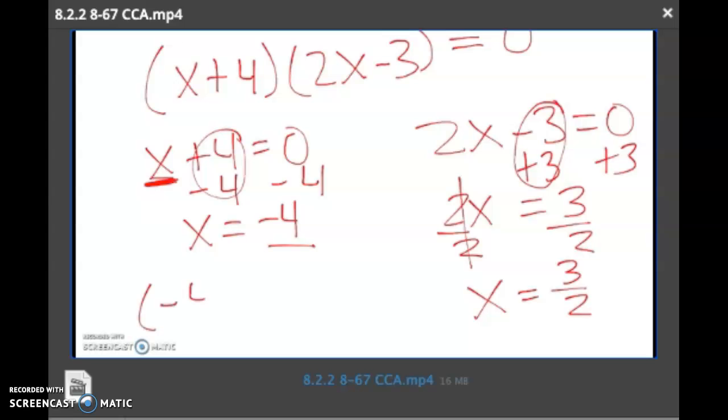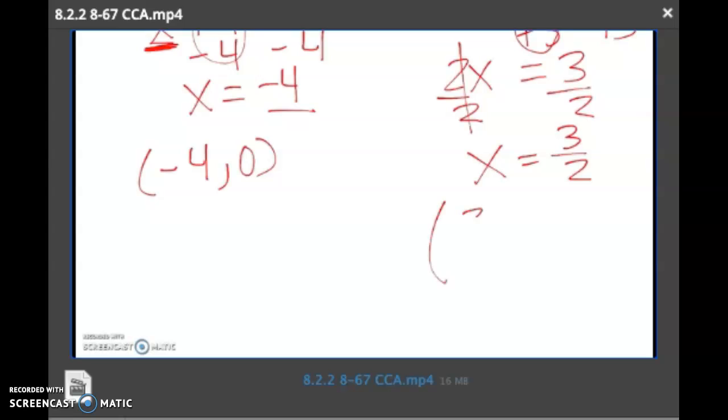So this one was negative 4, 0. And this one was 3/2, 0. We refer to our solutions as the x-intercepts, the roots, and the zeros. All three of those words represent those solutions.